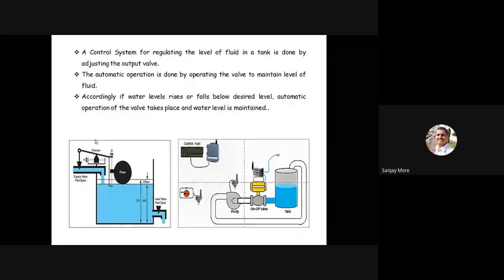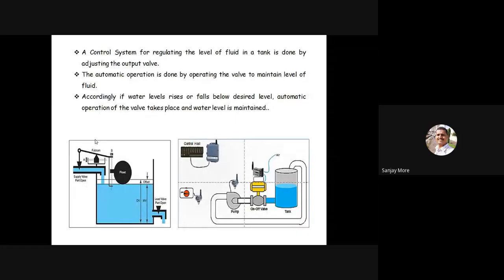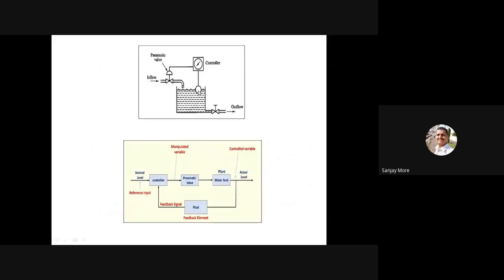Accordingly, if the water level rises or falls below the desired level, automatic operation of the valve takes place and the water level is maintained. It means that when the water level increases or decreases, this control system runs automatically and brings the water level back within the band. Okay.